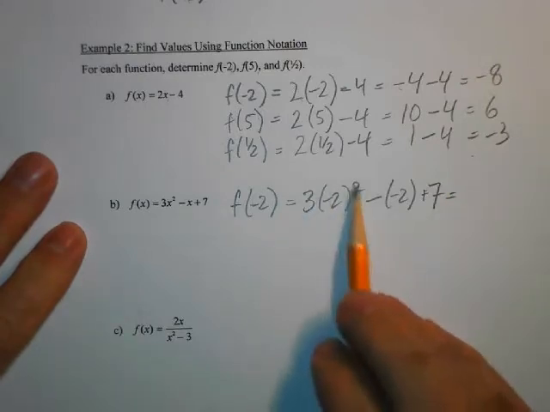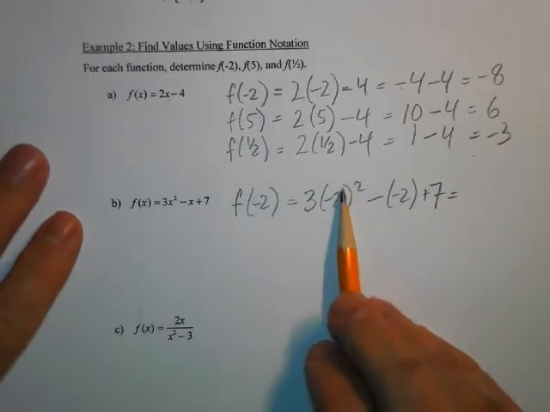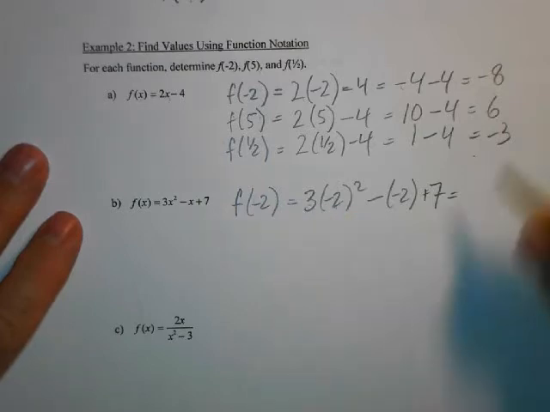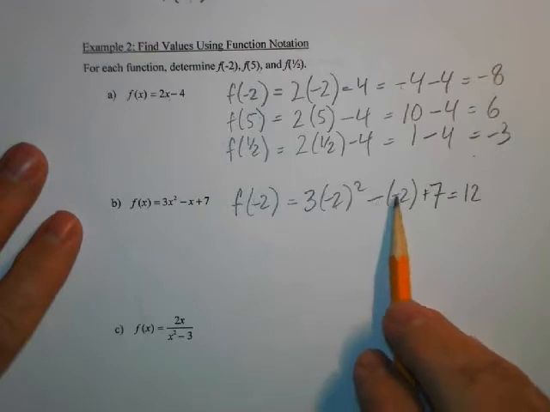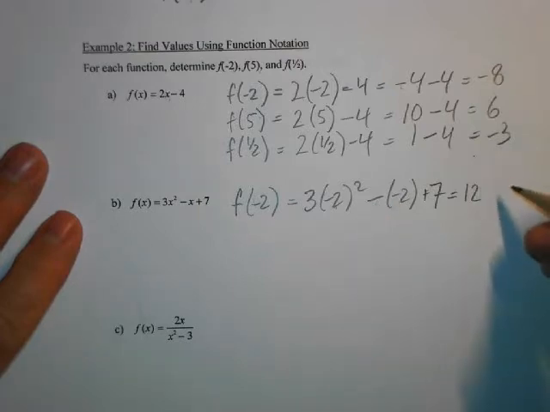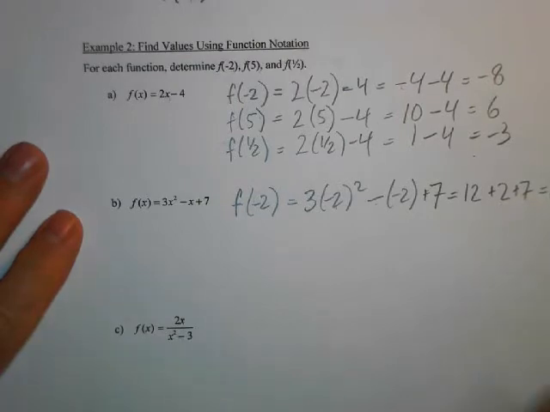Okay, let's do this all in one go. So -2 squared is 4. 4 times 3 is 12. Here we have a minus -2, so that's actually going to be a +2, and then the plus 7. Combine those all together, we have 14 plus 7 is 21.